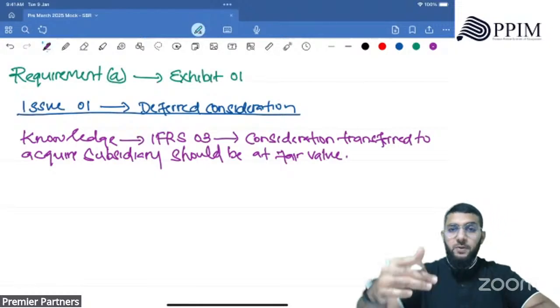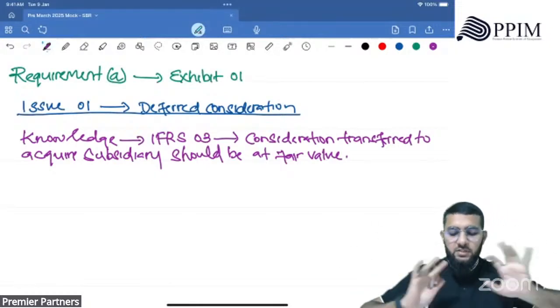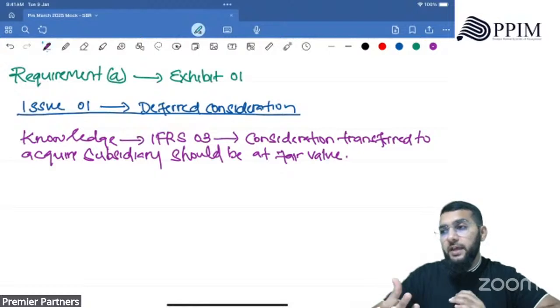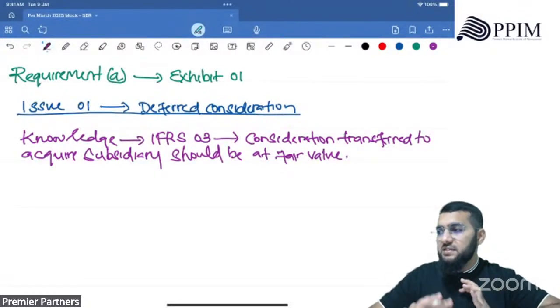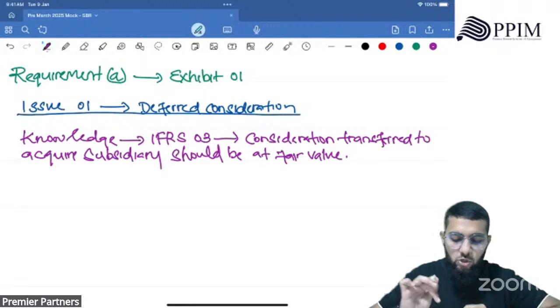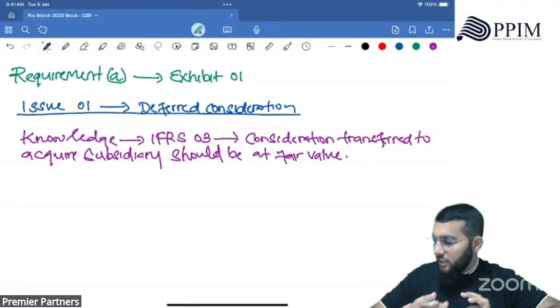That's how you apply knowledge. I'm not going to do it for everything. This is just a structure I'm giving you all for how you can crack the knowledge part. So you say IFRS 3 says consideration transferred to acquire a subsidiary should be at the fair value.